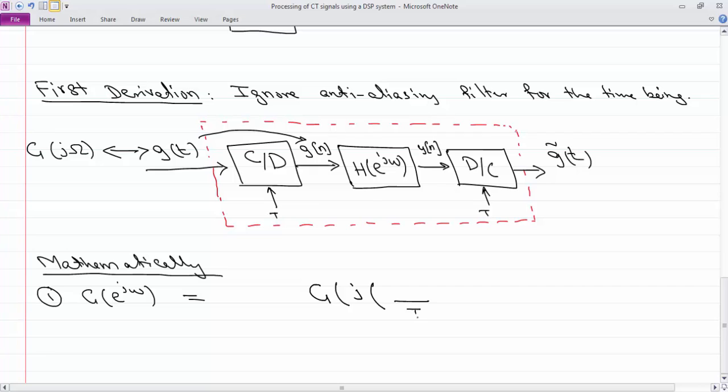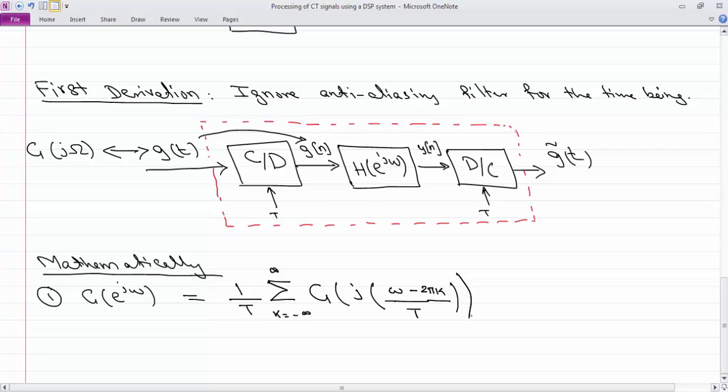So I'll write the frequency axis gets scaled by multiple of T. Okay, so capital omega equals little omega over T. The second thing is you have scaling of the amplitude by 1 over T. And the third thing is you have multiple shifted copies which are shifted by multiples of 2 pi.